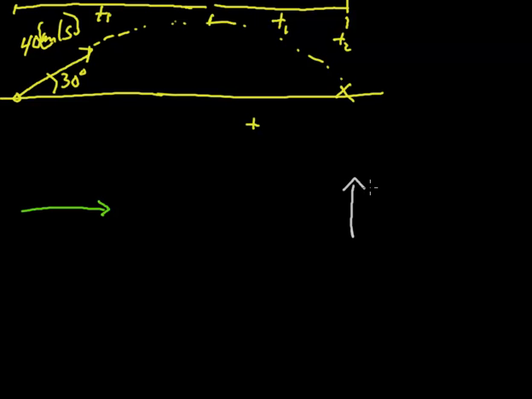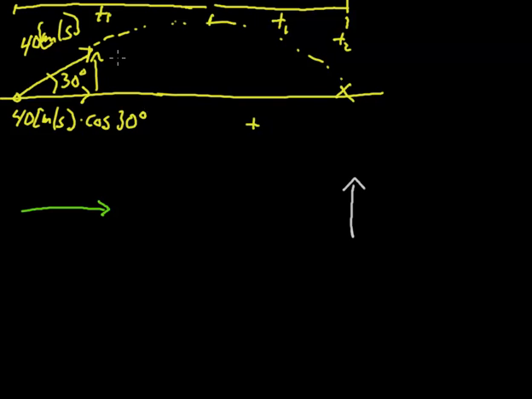Now we go back to the original picture, and we break up the initial speed into the horizontal and vertical problems. So the components. The component in the x direction is simply the speed, 40 meters per second, times the cosine of the angle.